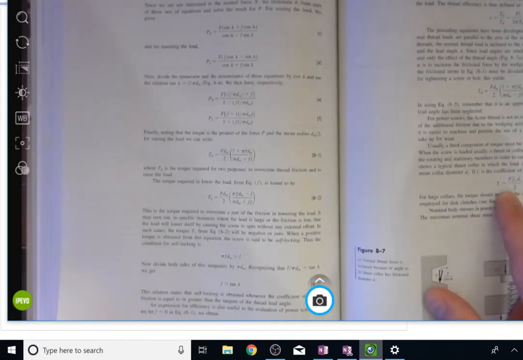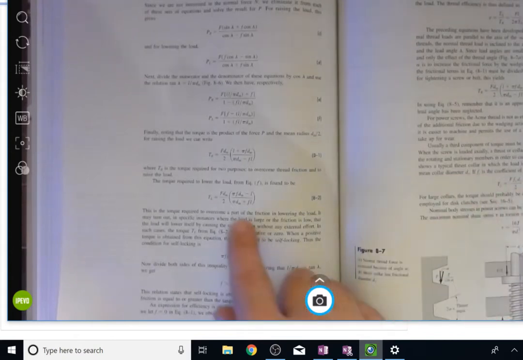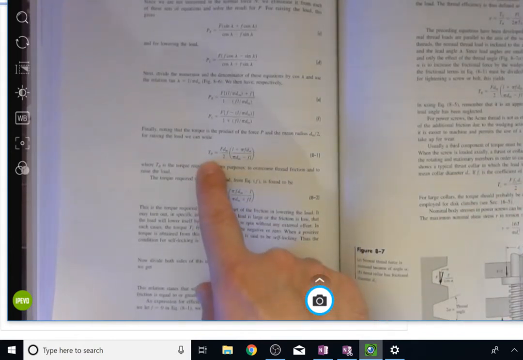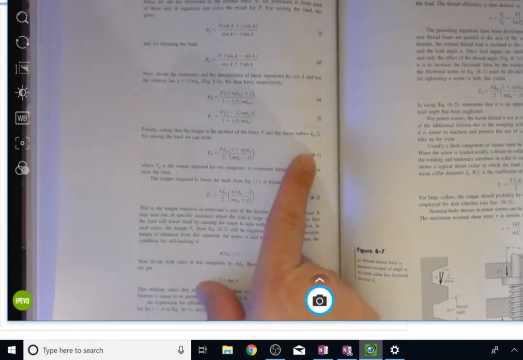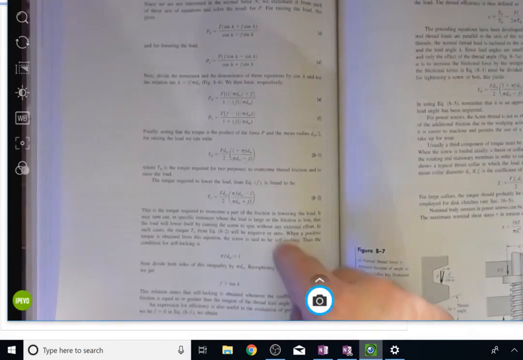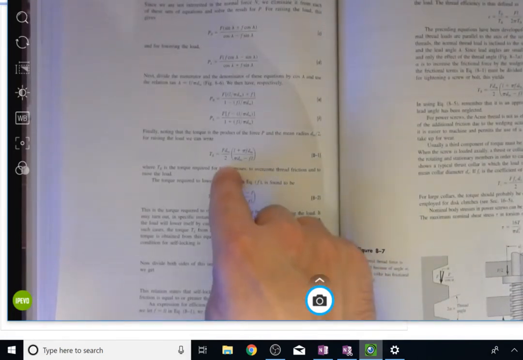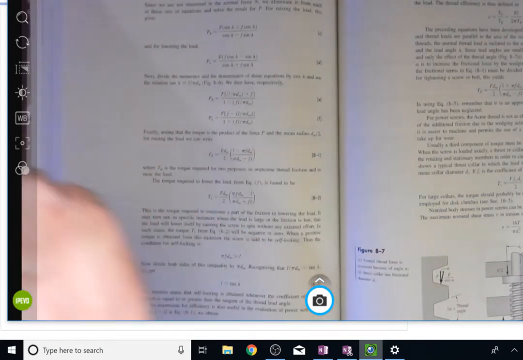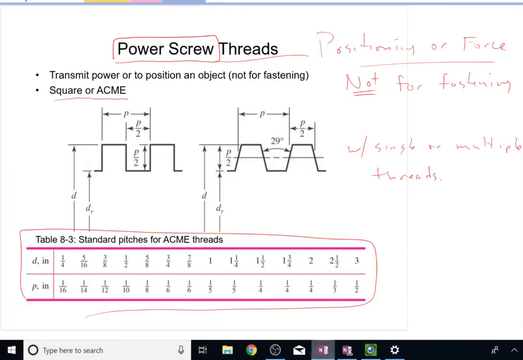So if you read through this section, the actual torque to raise, T sub r, of a power screw includes equation 8.6. They include that in the verbal description here, but they don't actually include it in the formula. So let's try to navigate through that.